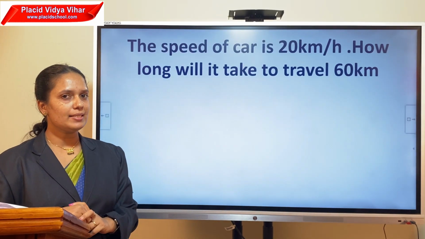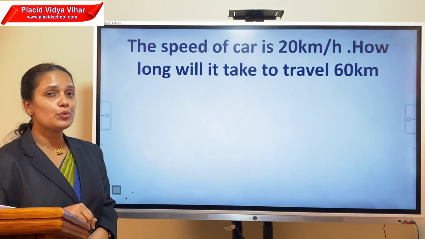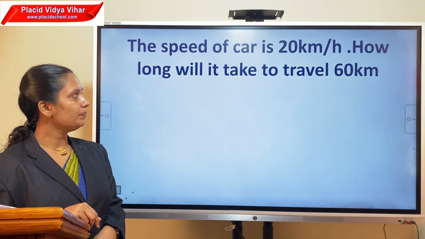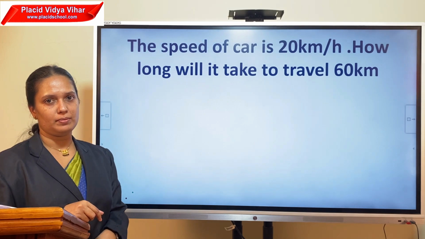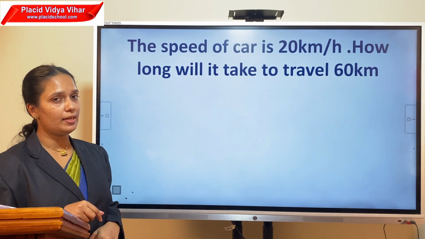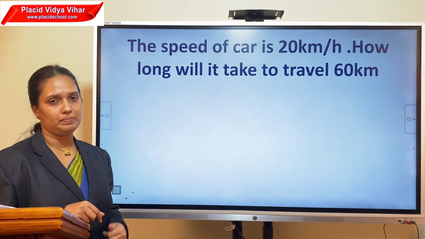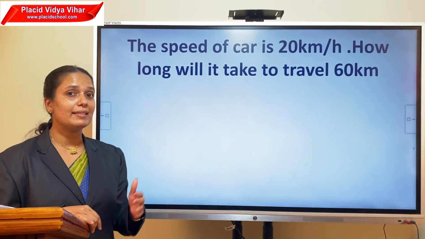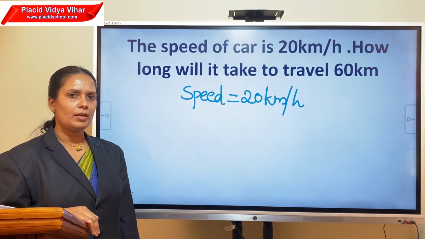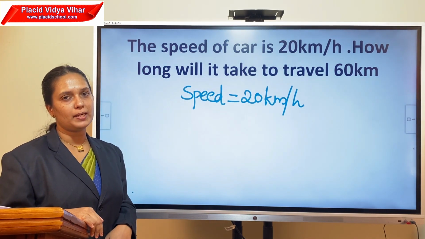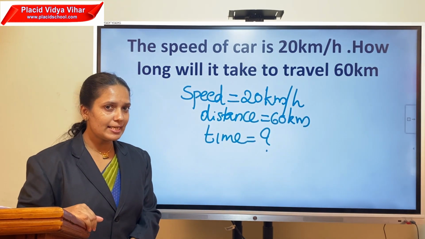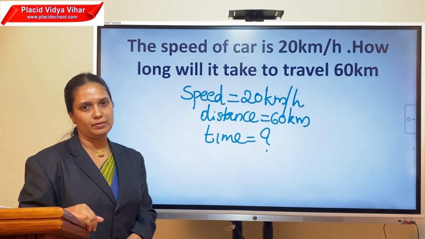The next question is, the speed of a car is 20 km per hour. Then how long will it take to travel 60 km? So from this question we have to find the time. First we have to write the given data. Here the speed of the car is 20 km per hour. Then distance is 60 km.